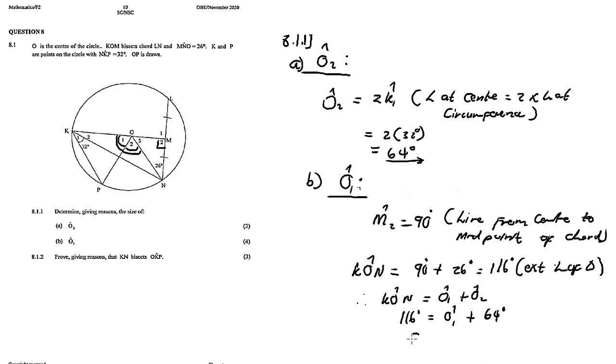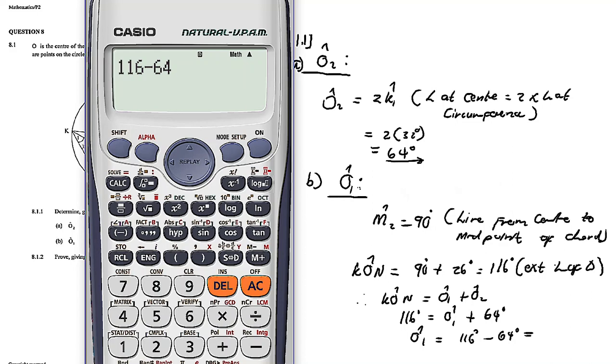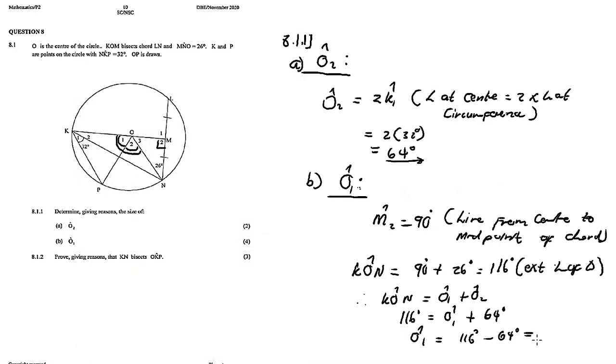Then angle O1 is equal to 116 degrees minus 64 degrees, which is 52 degrees. So this is our answer for B.